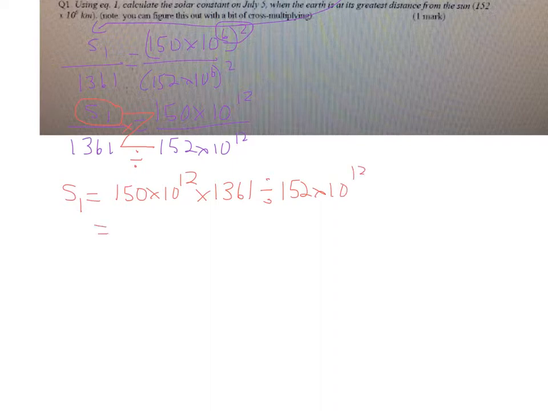So I can let you put that in your calculator. The 10 to the 12 divided by 10 to the 12 is going to cross out. So we really have 150 times 1361 divided by 152, and that'll make it a lot easier for you to put into your calculator. And so when you do that, I'll quickly do a calculation for you so you can check and make sure that you're doing it right.